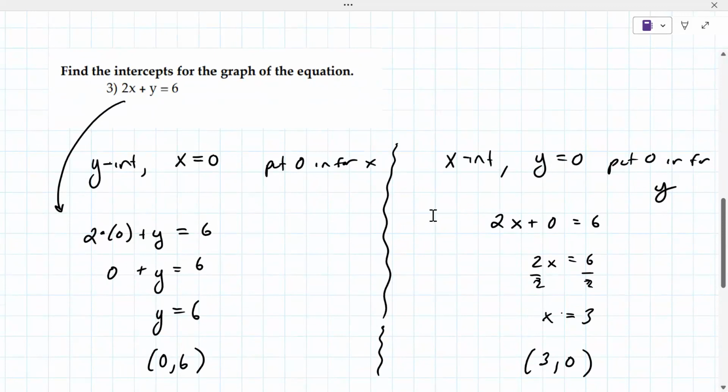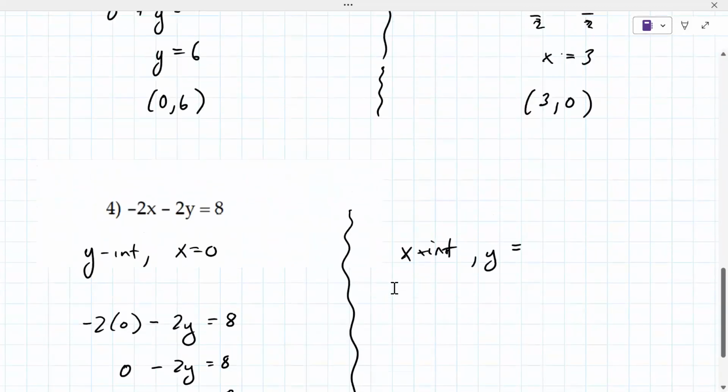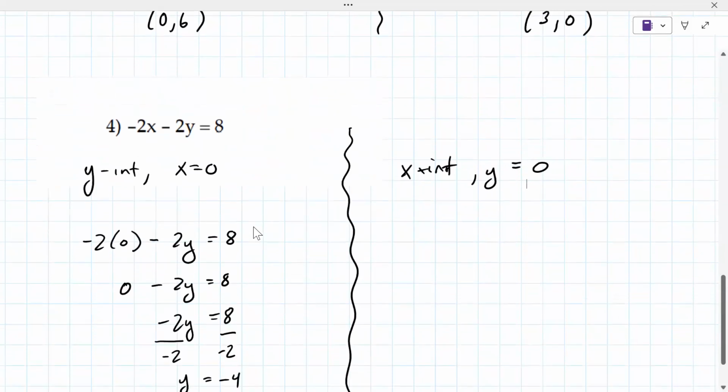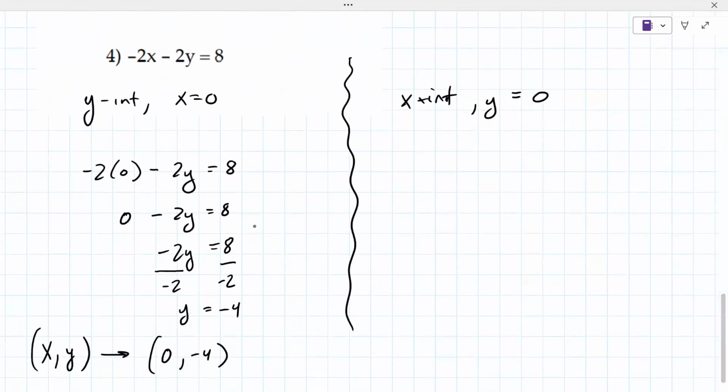I'm not trying to make this confusing. For the y-intercept, x is 0. For the x-intercept, y is 0. They're flipped. So you're going to put 0 in for y here. So 2 times 0 equals 8.